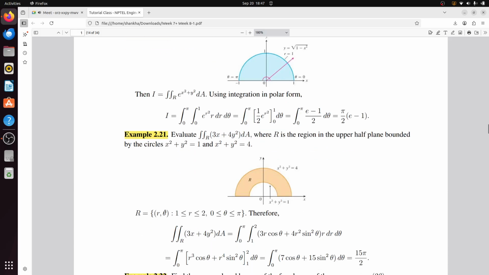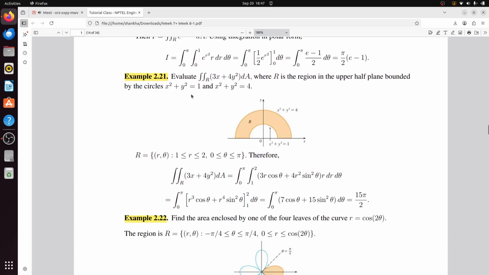Next problem. So 3x plus 4y square dA, where R is the region in the upper half plane bounded by the circles x square plus y square equal to 1 and x square plus y square equal to 4.